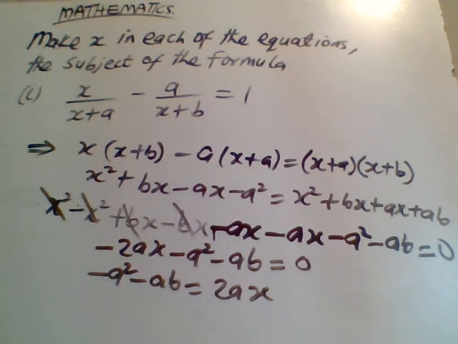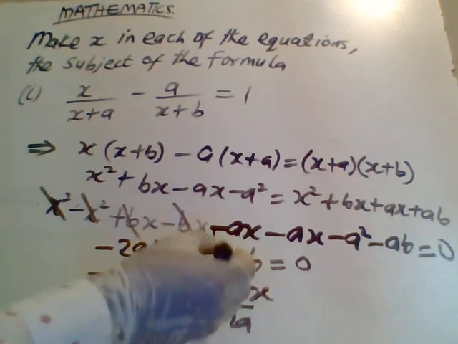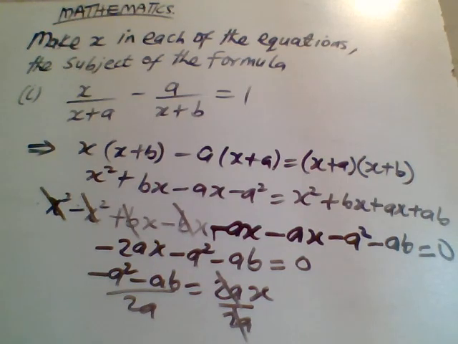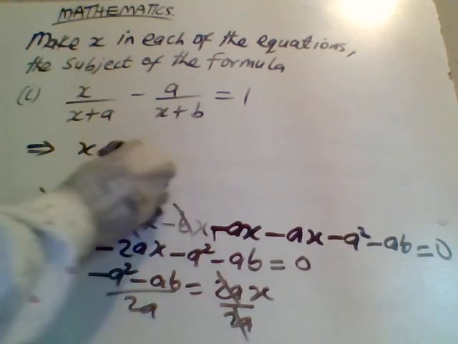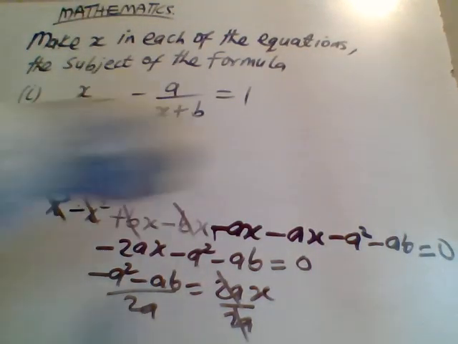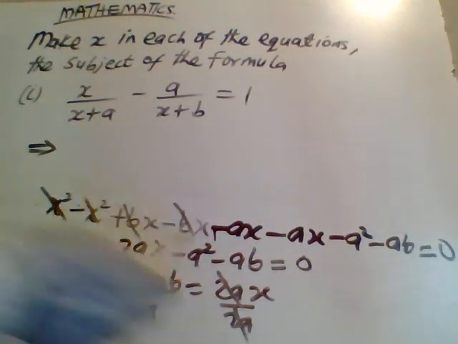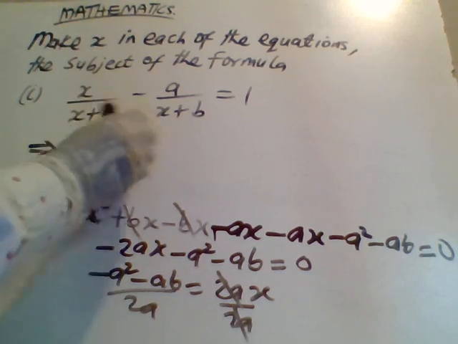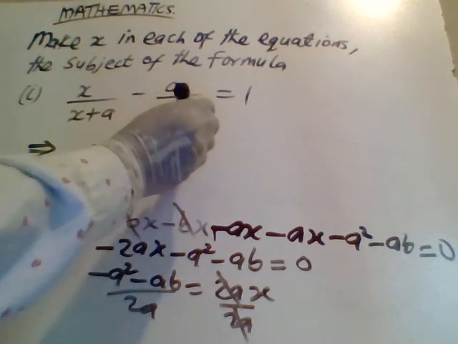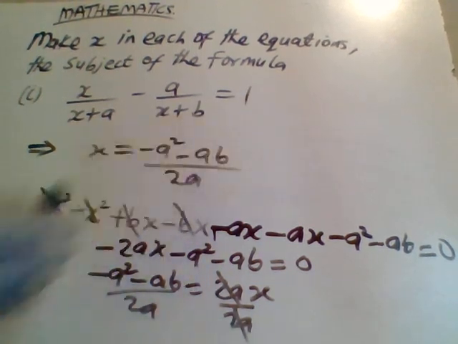The next thing you have to do is to divide both sides by 2a to make x the subject. This will cancel, so what we are left with is only x. So x is equal to minus a squared minus ab, divided by 2a.